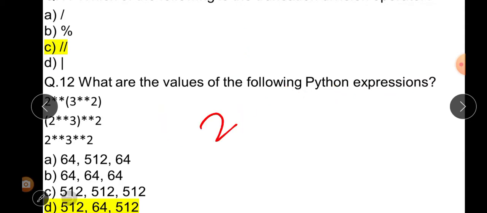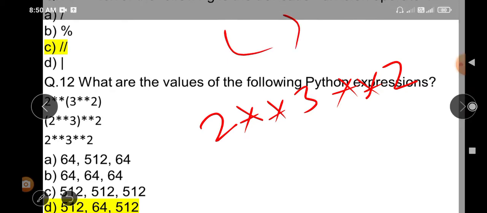And that is given as 2 double star 3 double star 3 double star 2. Now no bracket is given. So as far as parenthesis is concerned, there is no sign of parenthesis there. Here generally we use the term bracket in mathematics, but in the Python programming language the correct word is parenthesis, which represents small bracket.